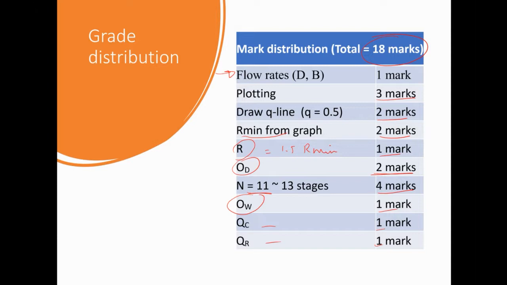I think the only challenge or the only trick here in this problem was that the feed is not saturated liquid or saturated vapor. Some few made it completely wrong, because they drew the Q line completely different, without any inclination or without any slope. So that was completely wrong.